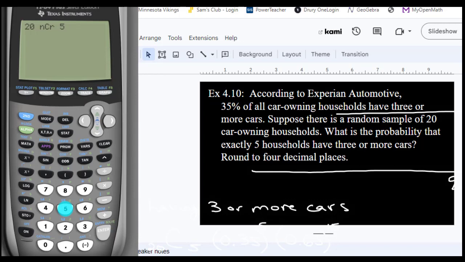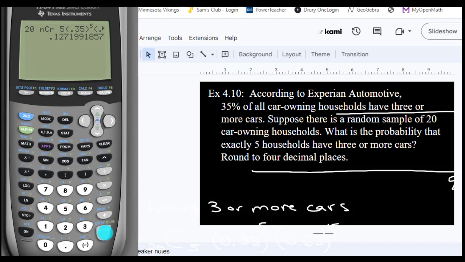And then I'm just going to put parentheses because that's what I did in my formula. 0.35 raised to the 5th power, and then we're going to have 0.65 raised to the 15th power. And then it said we were supposed to round to 4 decimal places. So in our case, that would be 0.1272.